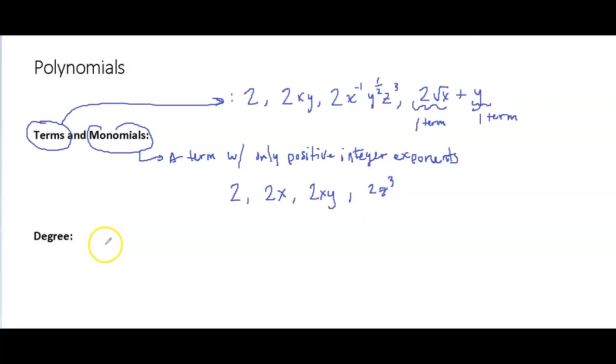Let's talk about the degree of a monomial. The degree of a monomial is the sum of all powers of each exponent.